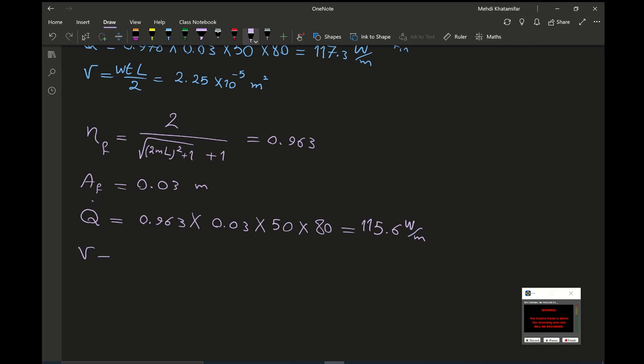And the volume for this is an approximation. I'm going to approximate tL divided by 3. The volume is going to be 1.5 times 10 to the power minus 5 meter squared. And this is the parabolic straight fin.